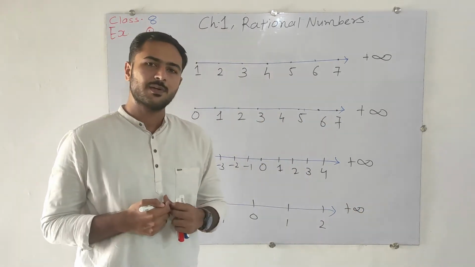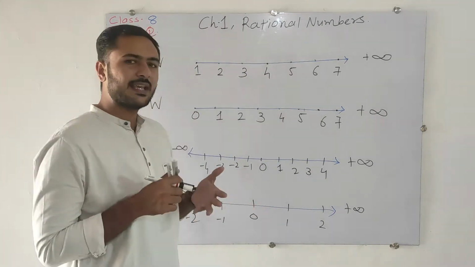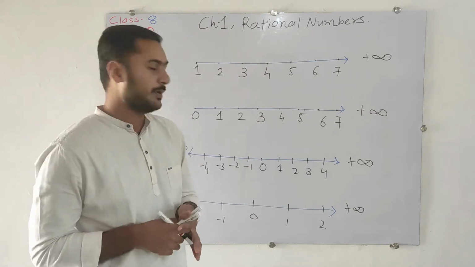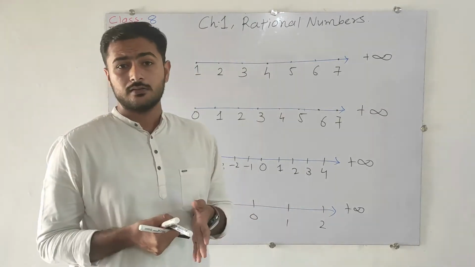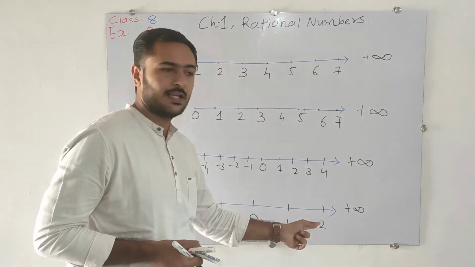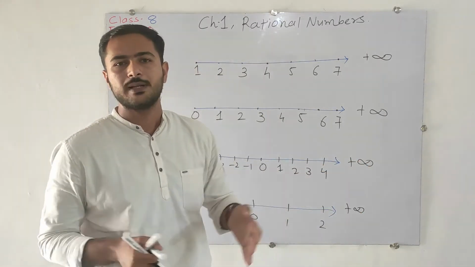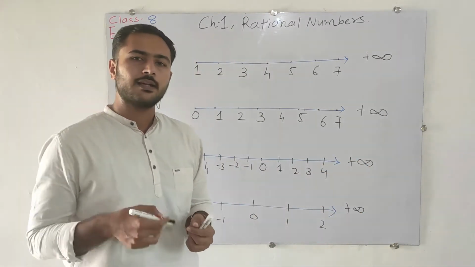Now, if I want to represent a fraction, we cannot identify anywhere to put it, because here is 0, then 1, then 2, and here -1, -2. No number is missing in between 0, 1 and 2, and still infinite, so again no number is missing. But rational numbers mean fractions, like 1 by 2.